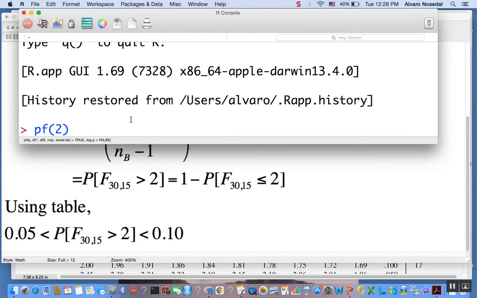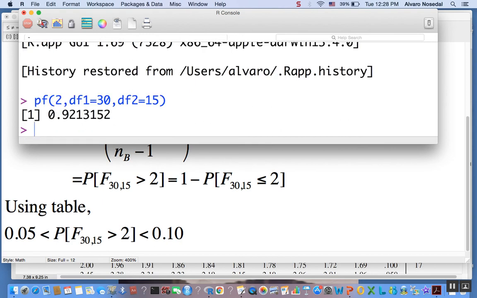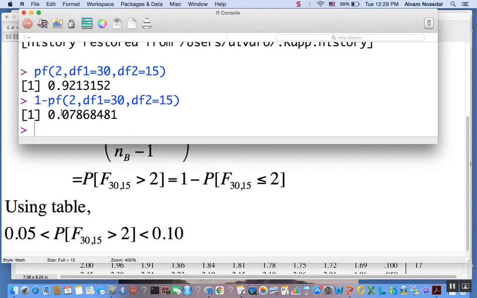Remember the first argument is the degrees of freedom for the numerator, the second is for the denominator. If you just do this directly, what you have is the area to the left of 2, but you want the area to the right of 2, so you do 1 minus, and that's your answer.